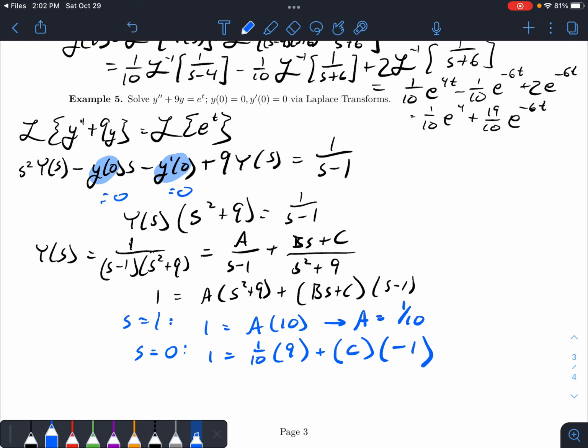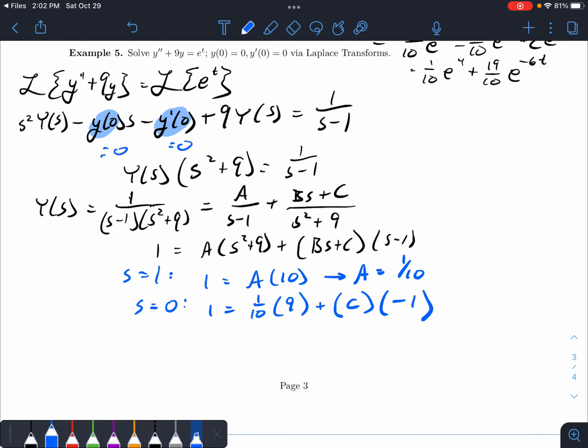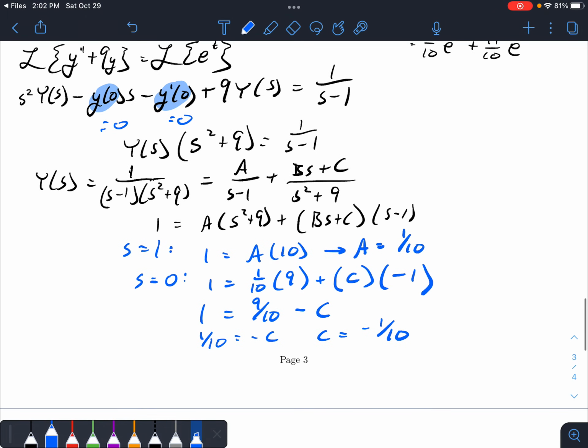All right, does this work? I have no idea if this works. Okay, this will work. I don't think this is the way I probably should have done this. But whatever, it works. All right, so this is 9/10 minus c, and so 1/10 is equal to negative c. Oh, okay, so this works out fine. C is equal to negative 1/10.